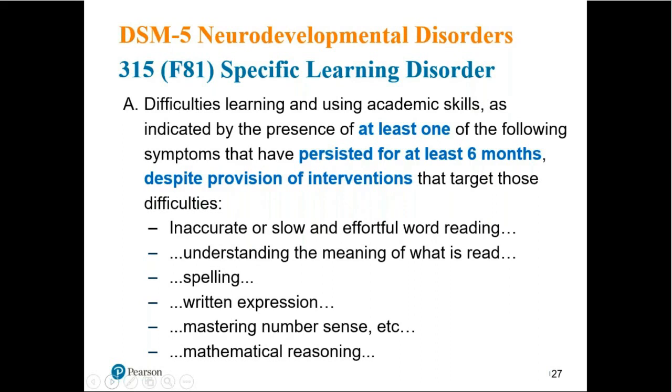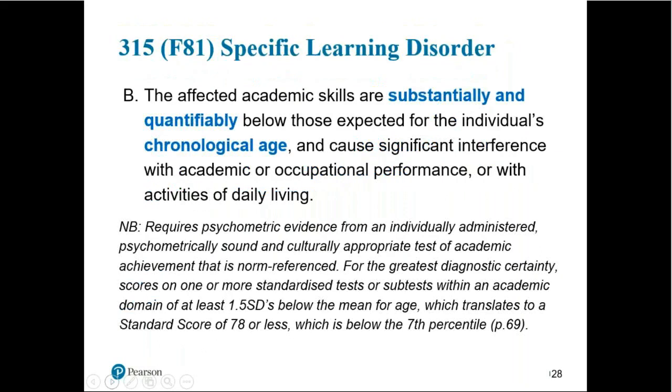Some of the areas that you might be interested in measuring would be word reading: is it inaccurate or slow and effortful? Does the individual understand the meaning of what they've just read? Does it relate to spelling or written expression, or mastering number sense and mathematical reasoning? The second criterion is that the affected academic skills are substantially and quantifiably below those expected for the individual's chronological age and cause significant interference with academic or occupational performance or with activities of daily living.